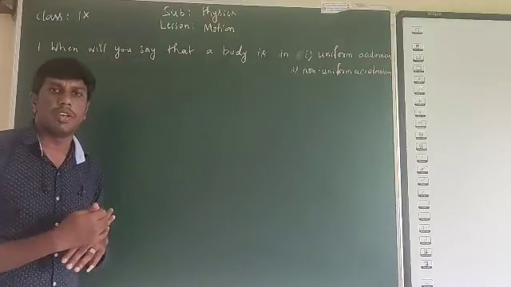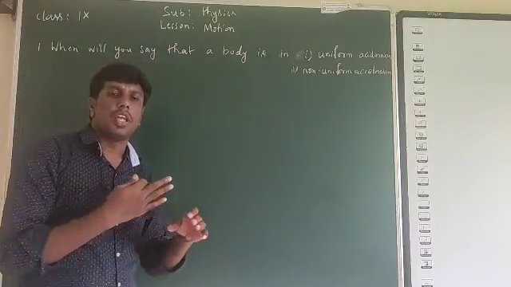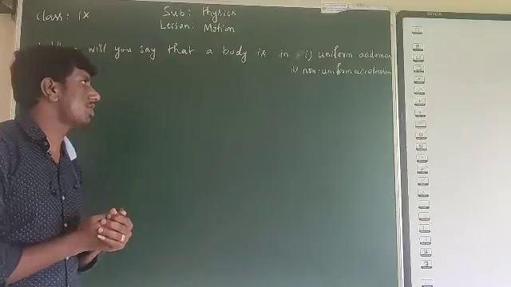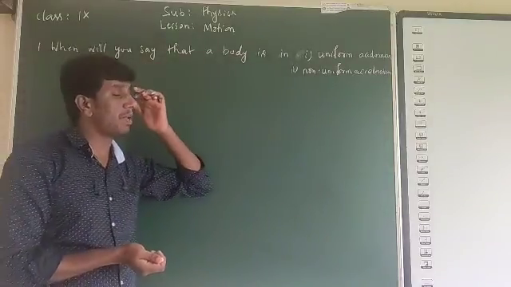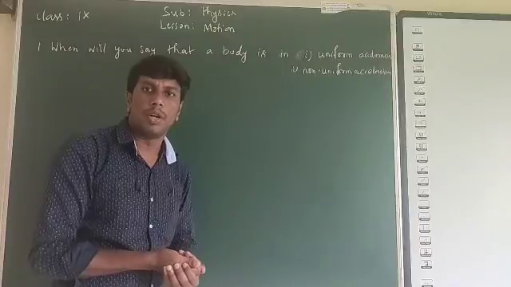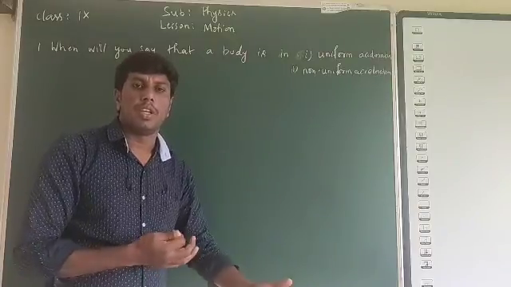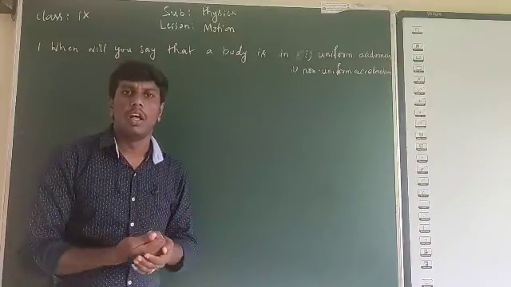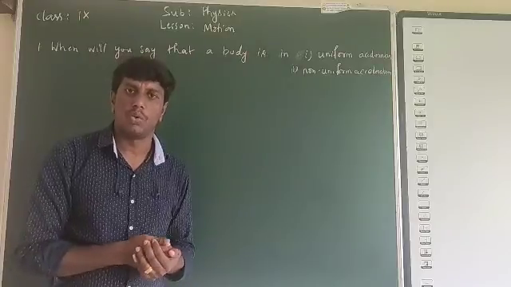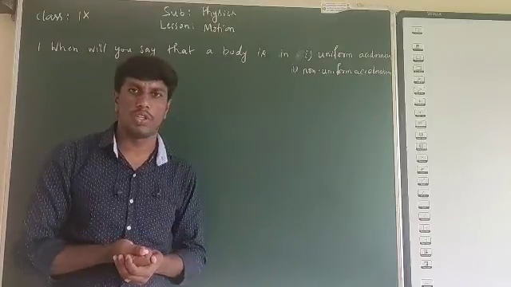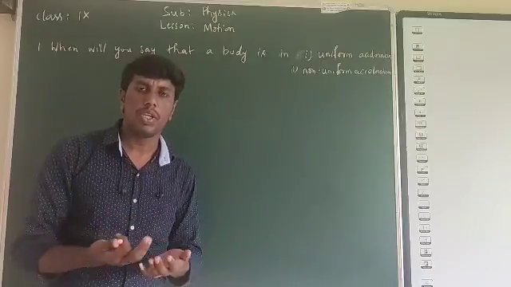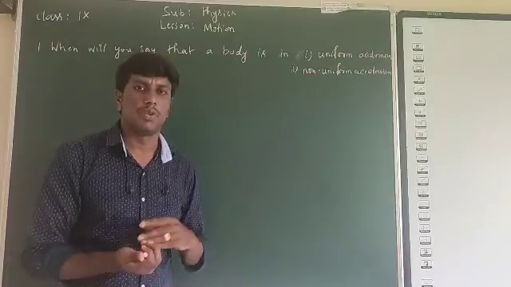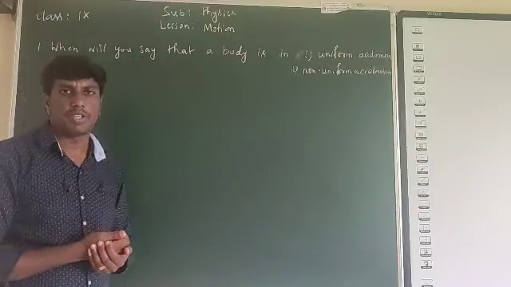An example of uniform acceleration is a freely falling body, whose velocity changes by equal amounts in equal intervals of time. An example of non-uniform acceleration is a vehicle traveling on a crowded road. Its velocity is not changing uniformly. Sometimes its speed increases, sometimes it decreases, so there is non-uniform acceleration.